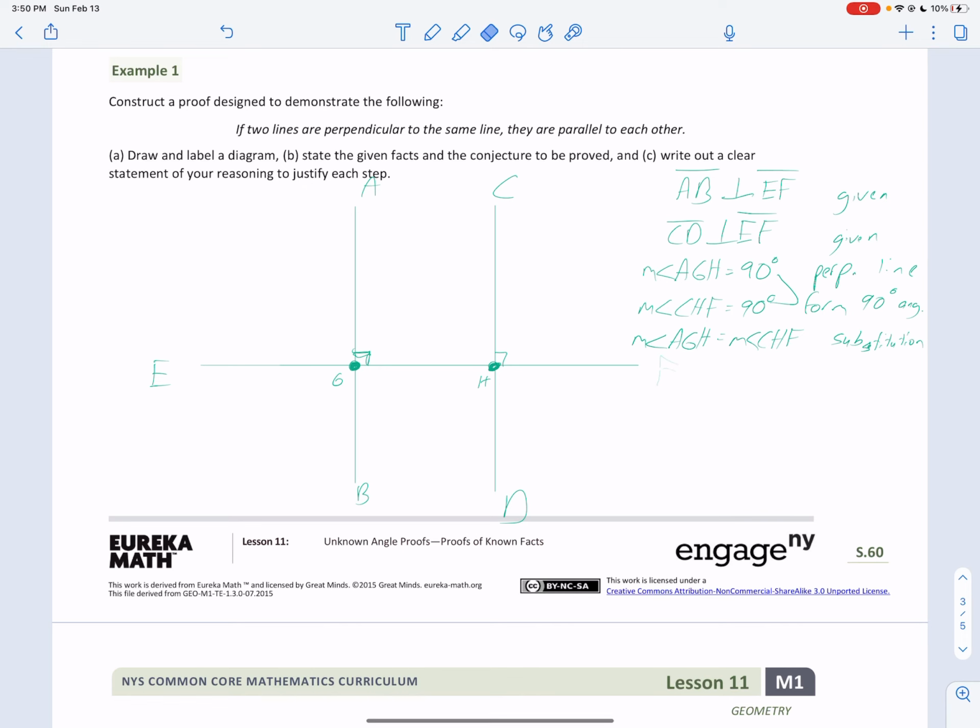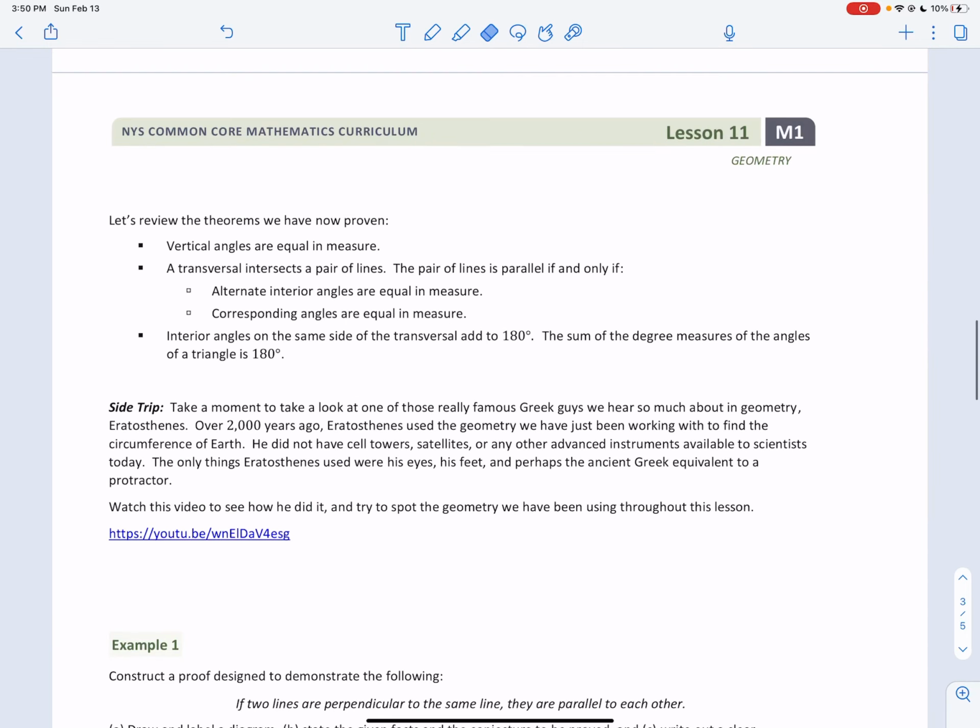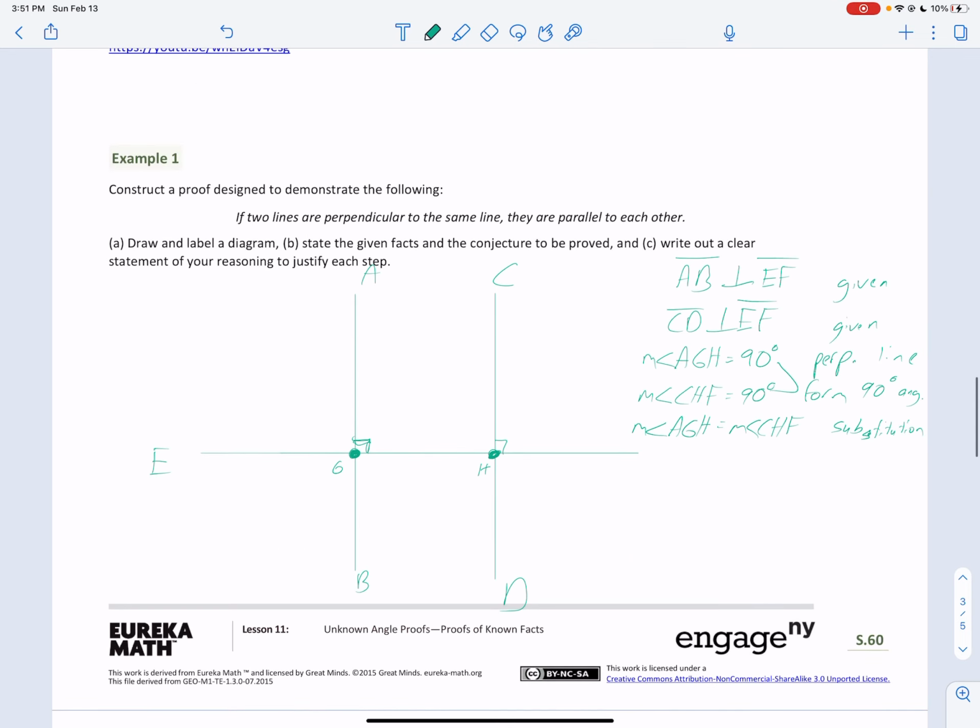Now, what's cool about that is that we have these statements up here that say a transversal intersects a parallel line. So a pair of lines is parallel if and only if their alternate interior angles are equal in measure and their corresponding angles are equal in measure. And what's cool about that is that we just showed that we have this and this, which, if you notice, we have two lines and a transversal going between them.